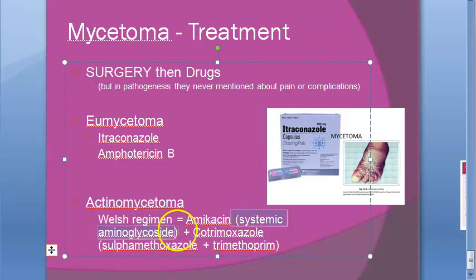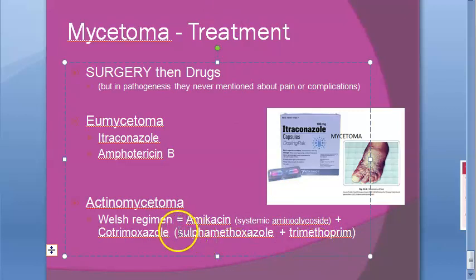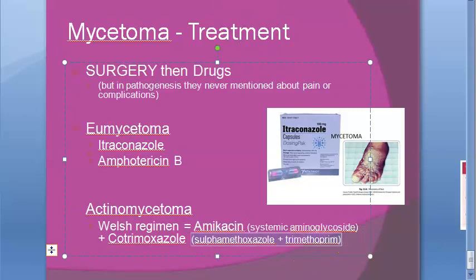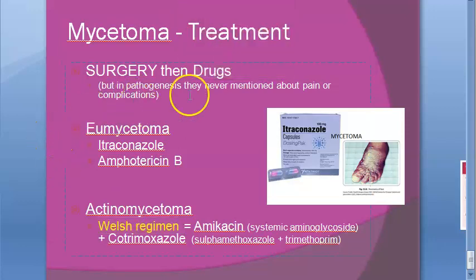It is a systemic aminoglycoside, correct? It is a narrow spectrum antimicrobial. And you have cotrimoxazole, which is sulfamethoxazole plus trimethoprim. So this is called the Welsh regimen. Where does it come? It comes in the treatment of mycetoma, Madura foot.